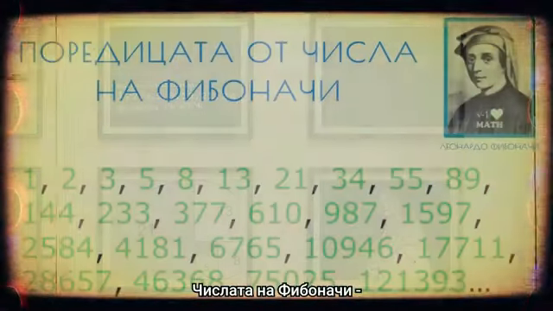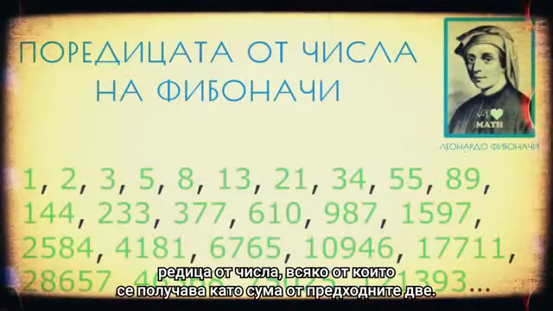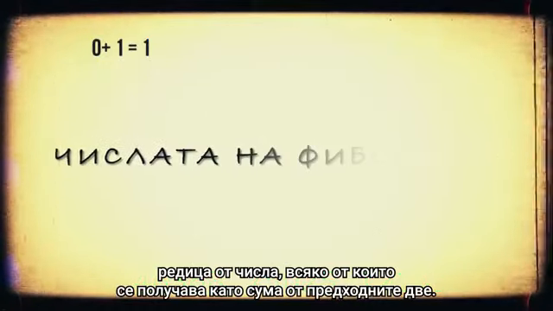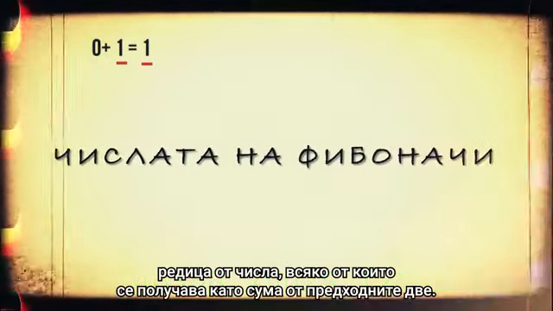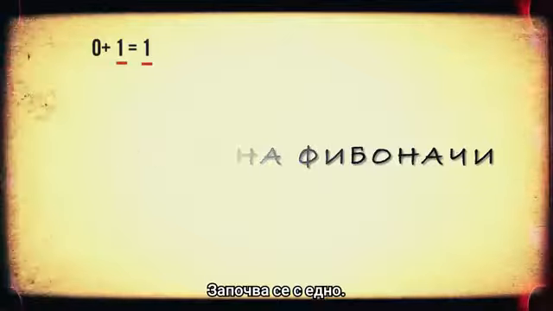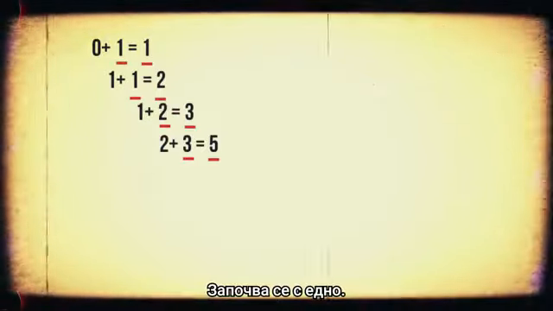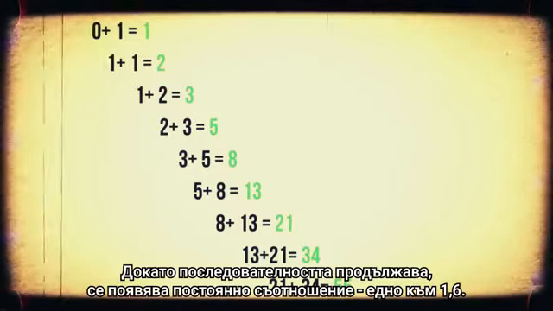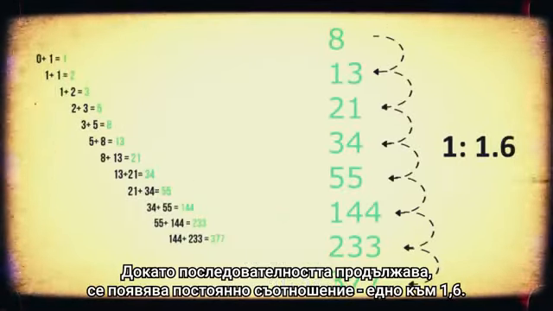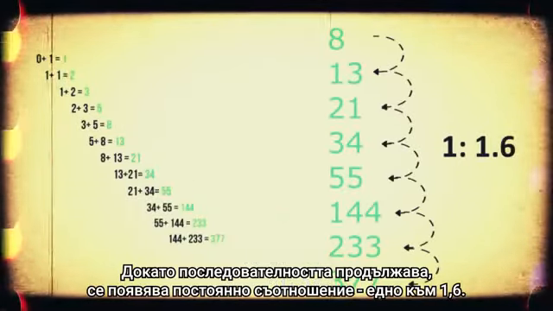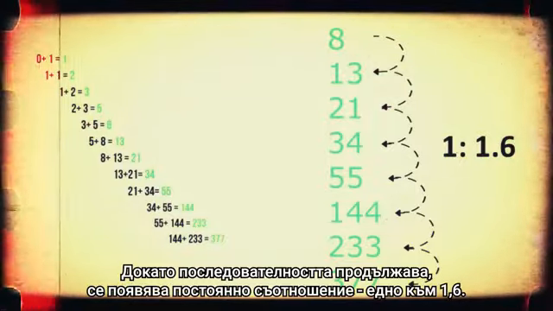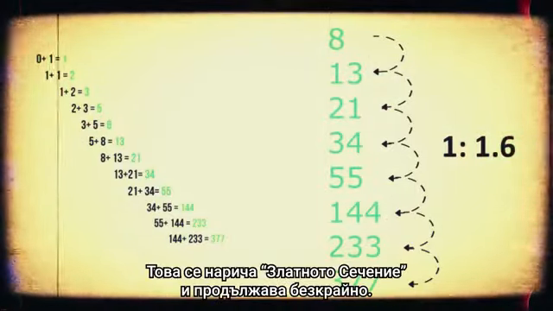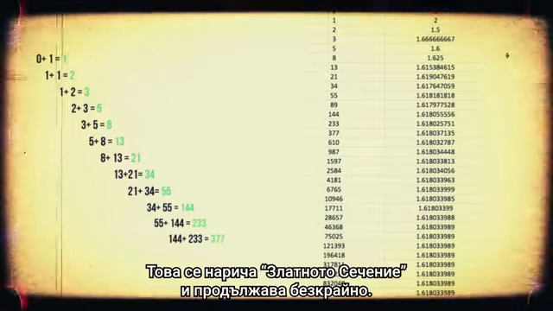The Fibonacci sequence is the mathematical sequence of adding the last two numbers that came before, starting with 1. As the sequence continues, a constant ratio of 1 to 1.6 appears. This is called the golden ratio and continues indefinitely.